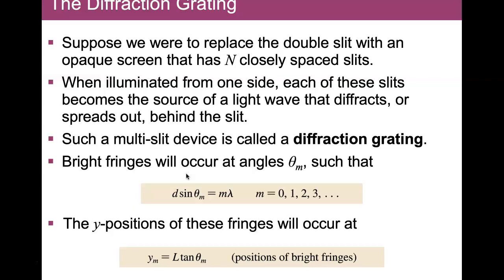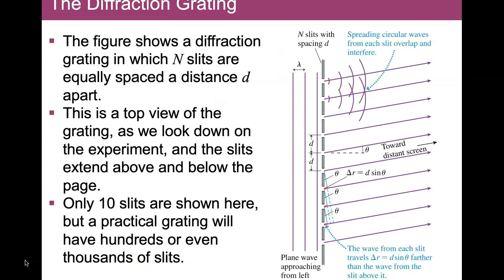When you have a bright fringe, you don't have much bright regions near it. So it just makes things much sharper. To understand why this is correct, we don't really need to do any calculation. Everything we did for the double slit works here as well. So let's just look at a figure.